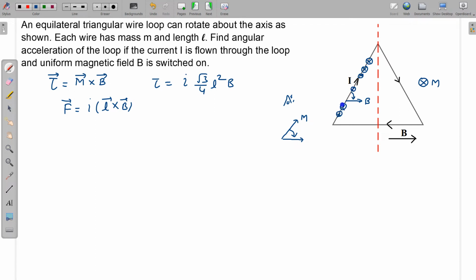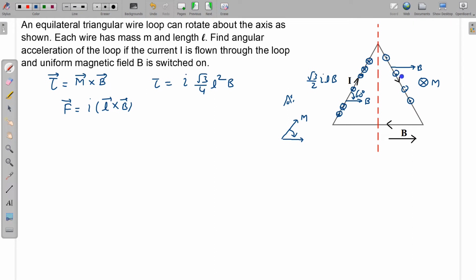The total force on this wire: the angle between the L vector and B vector is 60 degrees, and sine 60 is √3 by 2, so the force is √3 by 2 ILB. Similarly on this wire, the magnetic field is like this and dL cross B is in the outward direction, so the force is like this.